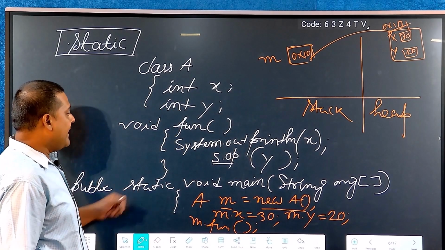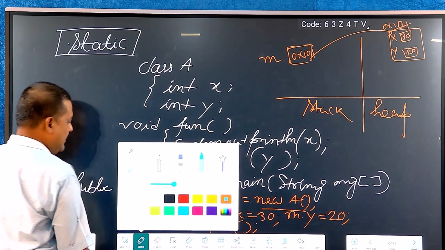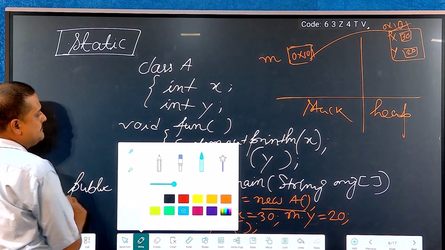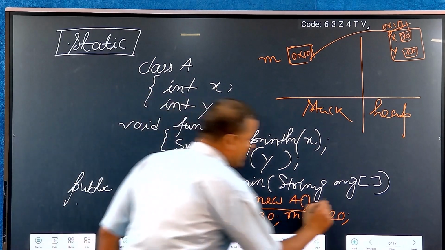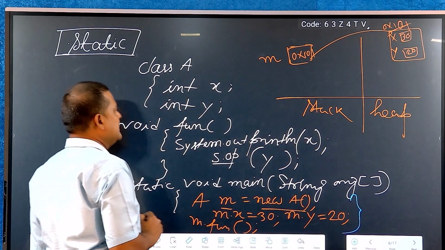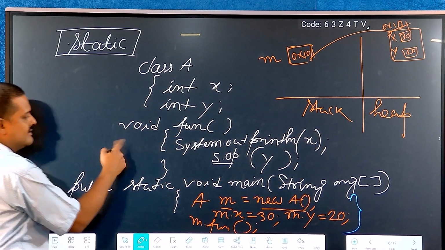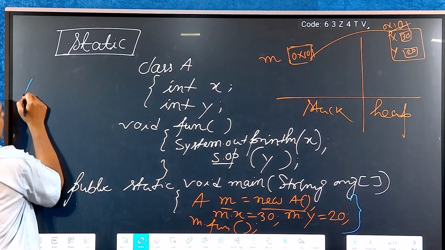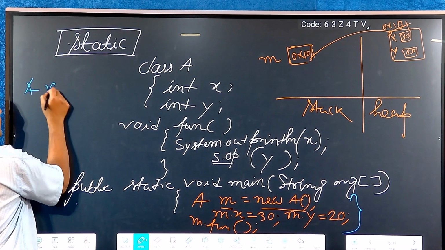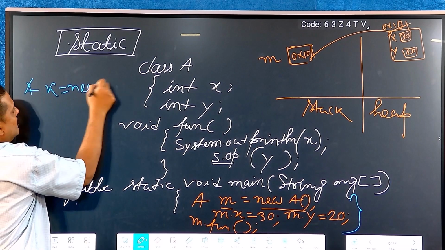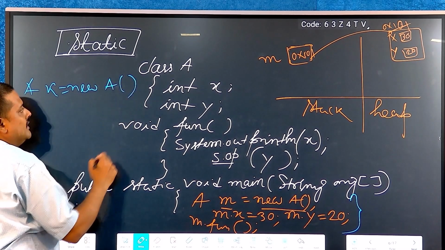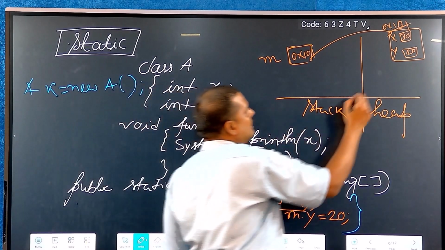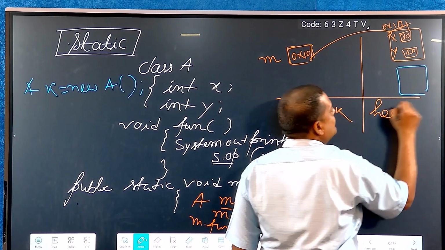Now at the same time, if I create again, say for example, A k equal new A, then again in our memory some memory space will be allocated.